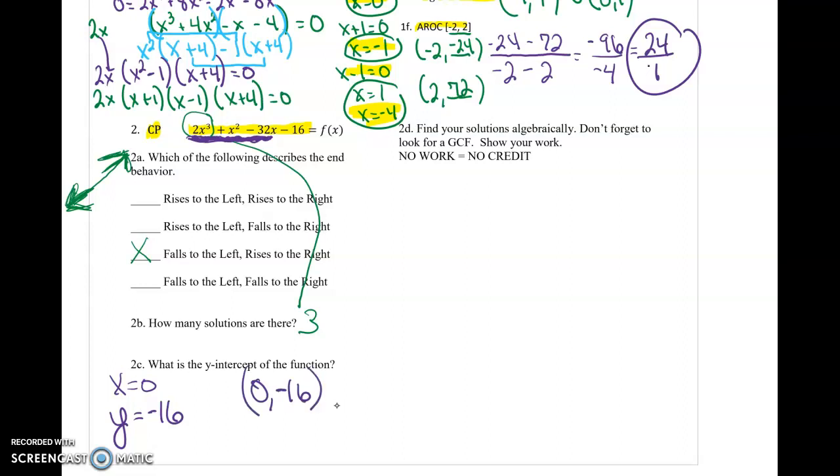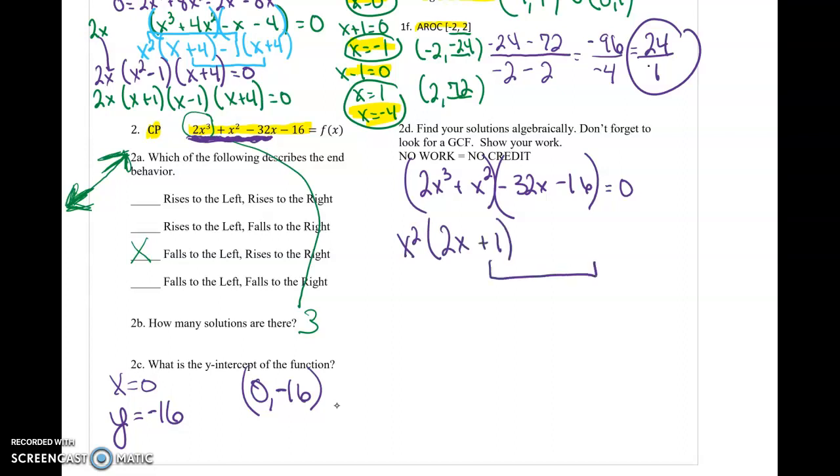Let's go ahead and find our solution. Again, we want to look for a GCF. I do not see one here, but I'm going to rewrite my equation. And because there are 4 terms, I'm going to group them again. And in my first set, I will GCF out an x squared, which leaves me with 2x plus 1.